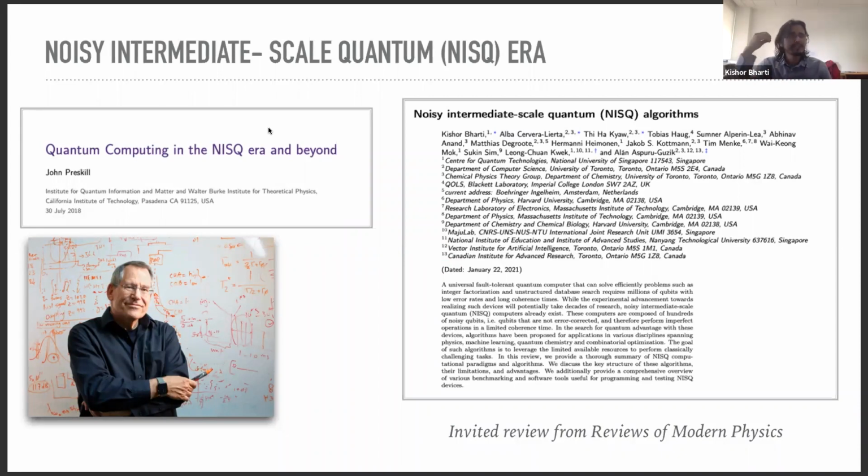In the last few years, the field has really exploded. A lot of work has been done. Recently, I was involved in a review with researchers from MIT, Harvard, Toronto, University College and Imperial College London, and CQT. This review talks about different aspects of NISQ algorithms, the algorithms you design for these NISQ devices.